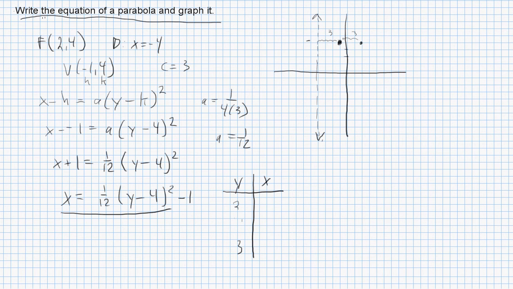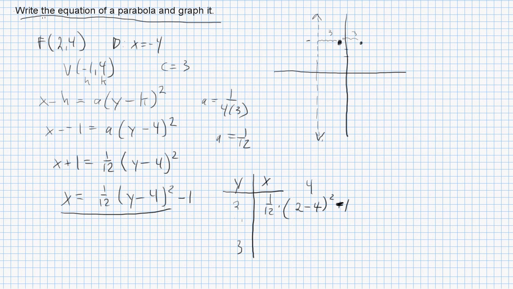So I plug the 2 in. That's going to be 1/12 times the quantity 2 minus 4 squared, minus 1. So that's -2 squared, which gives us 4.